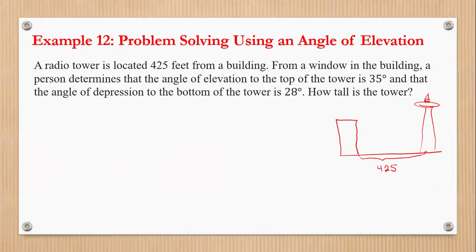From a window in the building, if there is a window here, a person determines that the angle of elevation to the top of the tower is 35. So if you have a horizontal line in front of the person's eye, the angle of elevation to the top of the tower is 35 degrees.